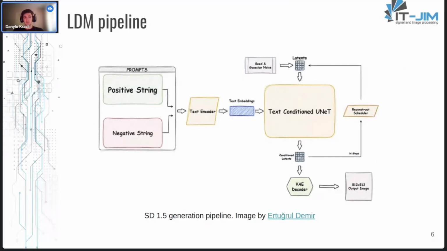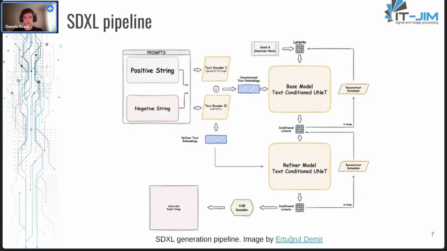Basically, the Latent Diffusion model pipeline is the same among all models. It consists of three main parts: text encoder, text-conditioned UNet, and variational autoencoder. And so what's new in Stable Diffusion XL? Basically, all components were doubled.